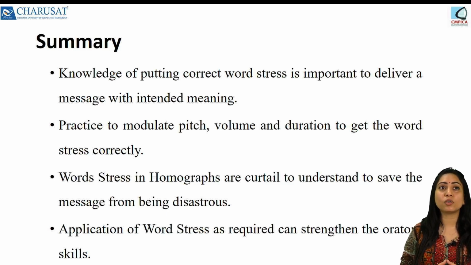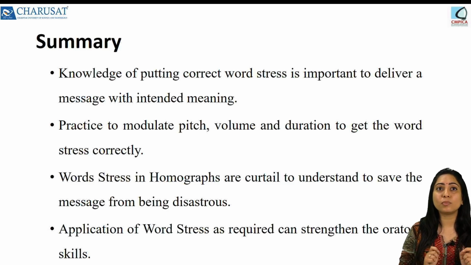Again, when we speak of word stress in homographs, we need to understand word stress and homographs are very crucial. Both of them are spelled the same. So therefore, when spelled the same, what brings more difference is rather how you say those words. And words such as present and present, we have already seen, right?